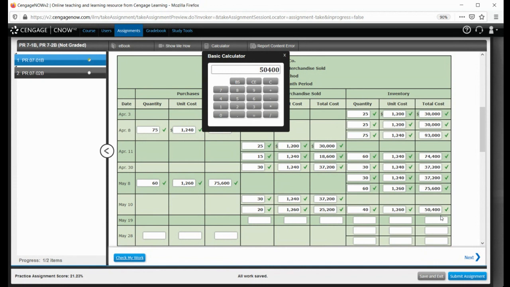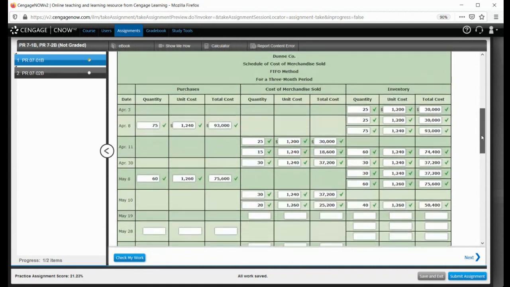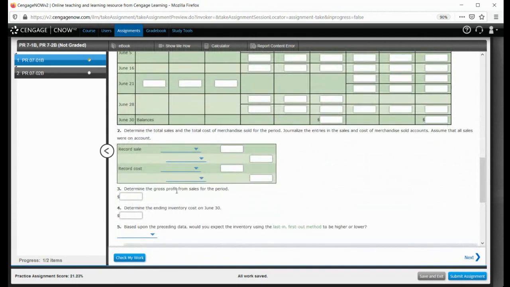And so I want to stop right here, and hopefully this has given you enough information about how to fill out a cost card using the FIFO method, which is the first in, first out method. And next time that we meet, I'll show you a completed cost card, and then we will do the remaining parts of this problem.